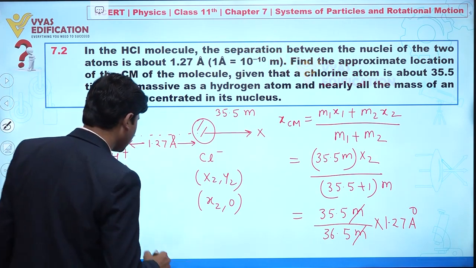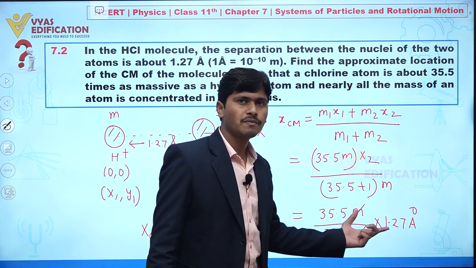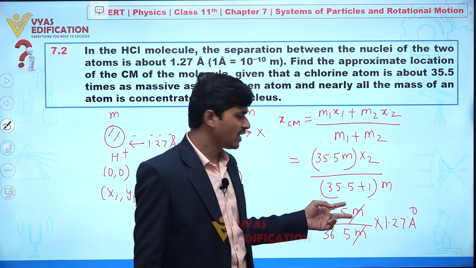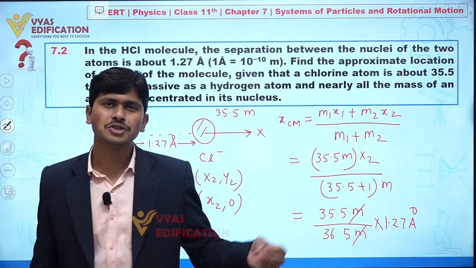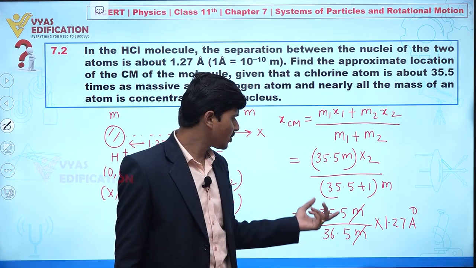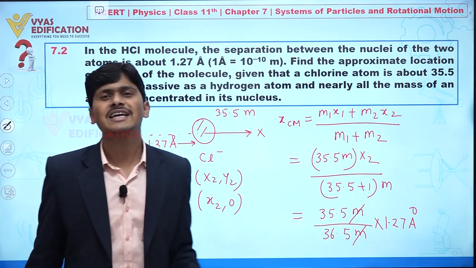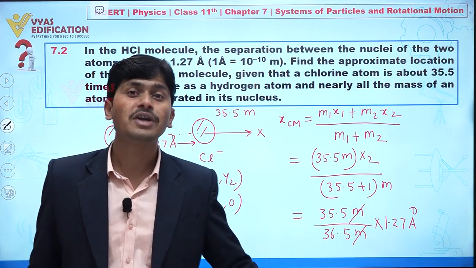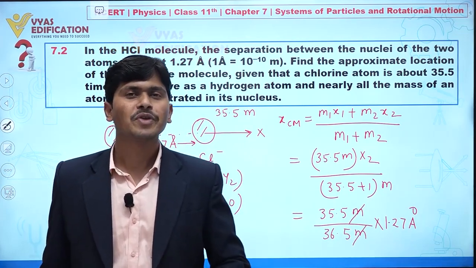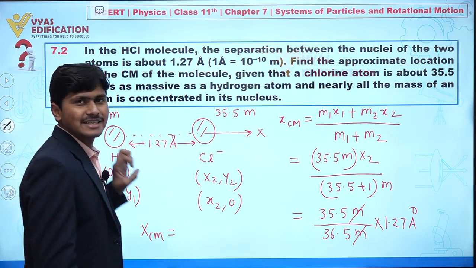Now what is the value of x center of mass we are getting? If you calculate 35.5 divided by 36.5, approximately we get a value near 0.9, because this is 35.5 and this is 36.5. If we multiply 0.9 with 1.27 angstrom, we get the position of the center of mass from the origin.